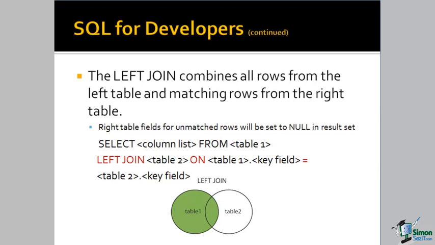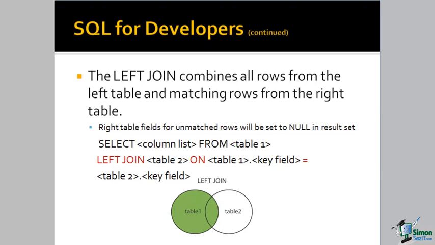In the case where rows from the left table do not have a match in the right table, fields for those unmatched rows will be set to null. And the syntax for a left join is left join, the name of the table, on, and then an equality statement for the key fields to be used to combine the tables.